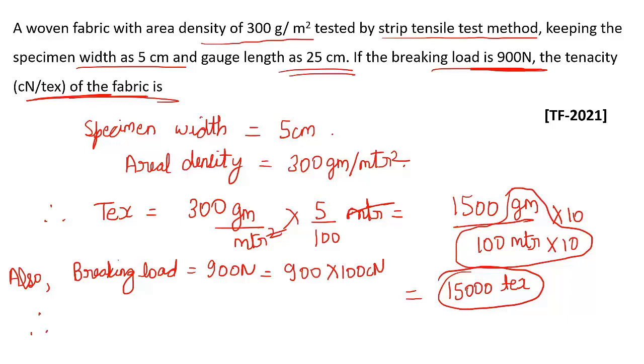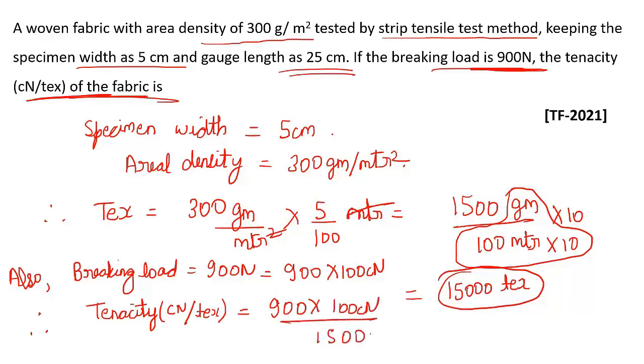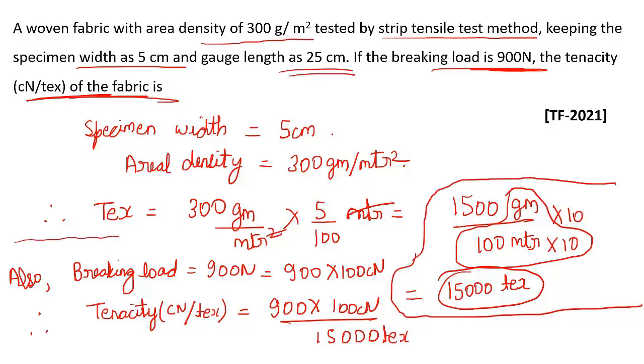Therefore, tenacity in centinewton per tex is equal to 900 into 100 centinewton upon 15,000 tex. Just calculate this part and you will get the answer.